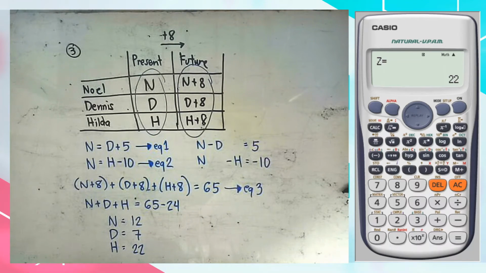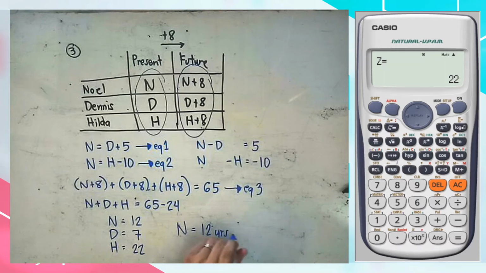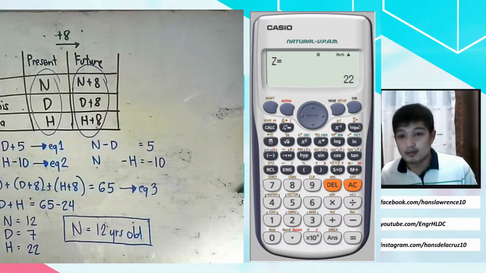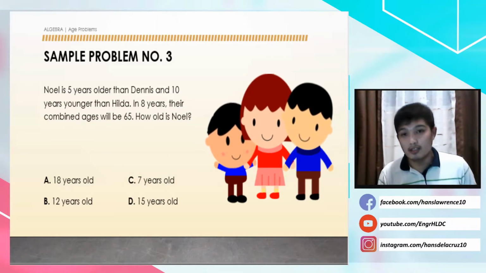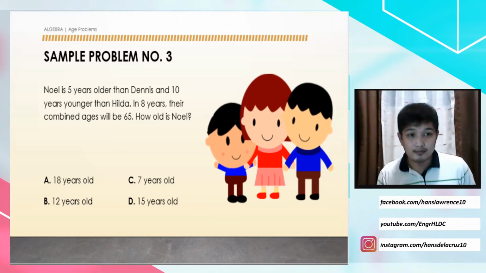Okay, so that's it. The question asks for Noel's age, therefore N equals 12 years old. This is the answer. Okay, I hope you were able to follow, class. 12 years old is in the choices, so that is letter B. Let's check if it's correct.